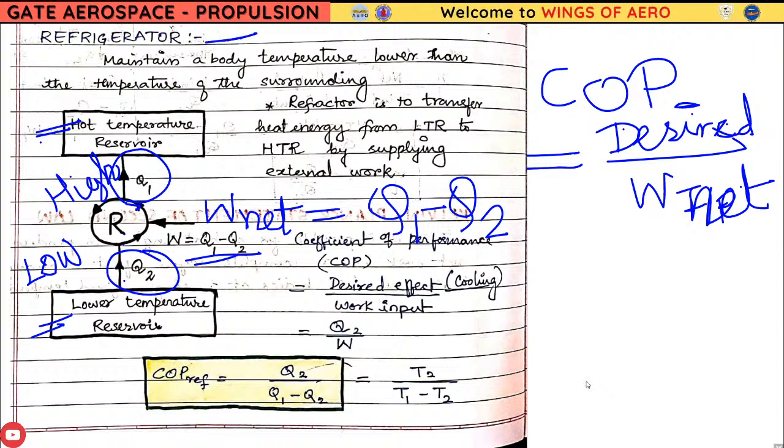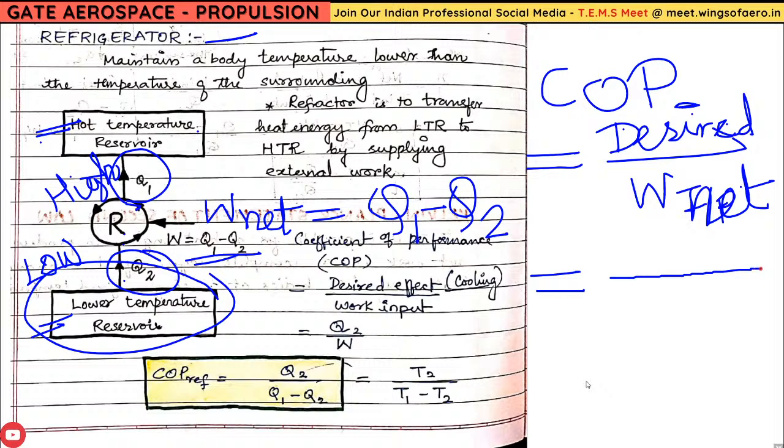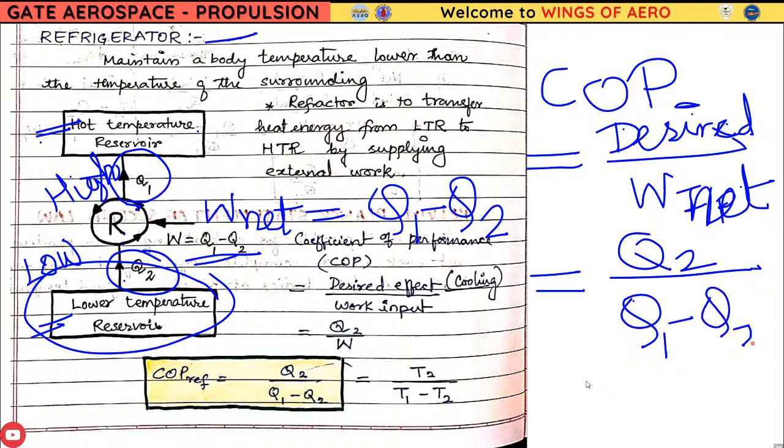It is moving from the low temperature to the high temperature. We are moving from the cool temperature. The refrigerator's job is to remove heat from the cool space. So we take Q2 divided by the net work, which is Q1 minus Q2.